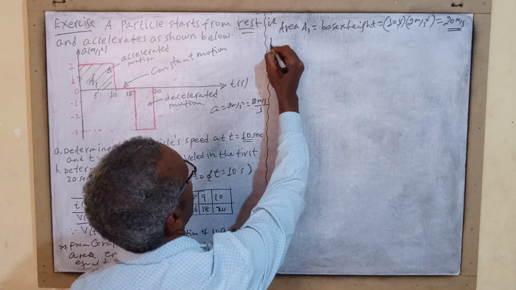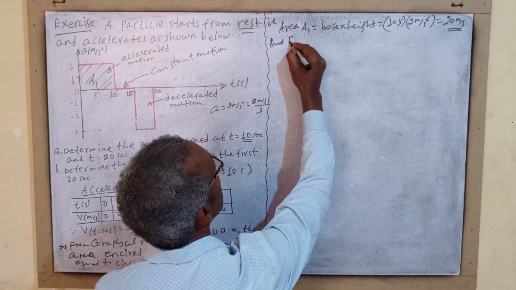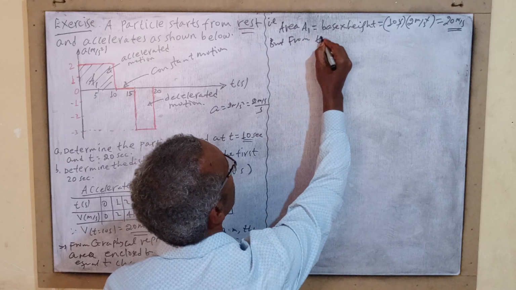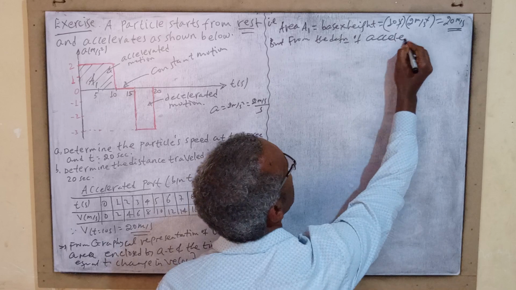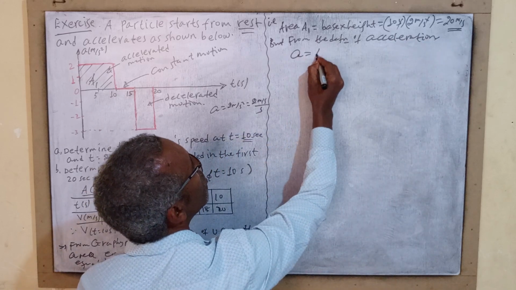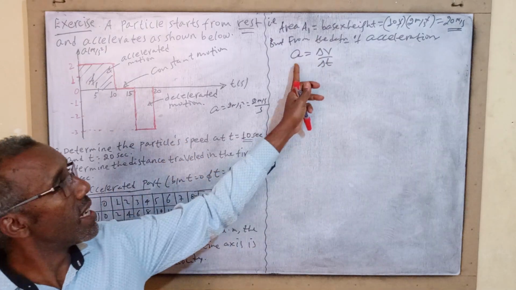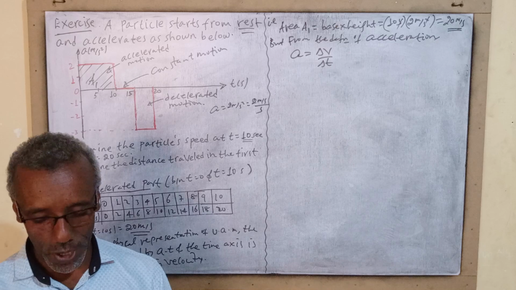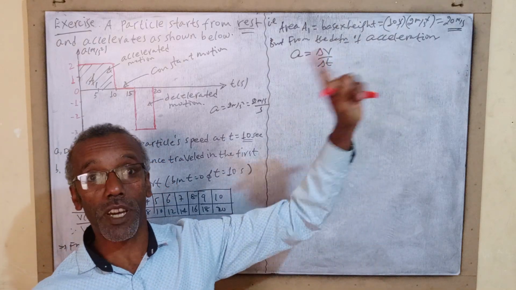But from the equations of motion, from the definition of acceleration, acceleration is defined by the time rate of change of velocity. This is equal to final velocity minus initial velocity divided by time.